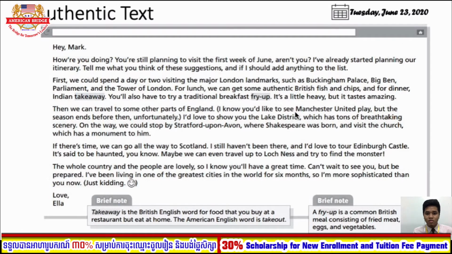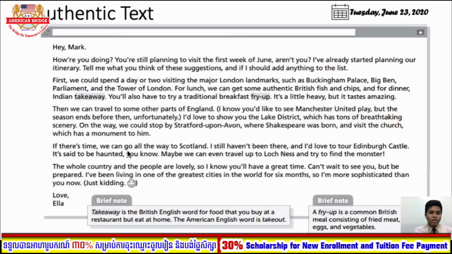I know you like to see Manchester United play, but the season ends before that, unfortunately. I'd love to show you the Lake District, which has tons of breathtaking scenery. On the way, we could stop by Stratford-upon-Avon, where Shakespeare was born, and visit the church which has a monument to him.